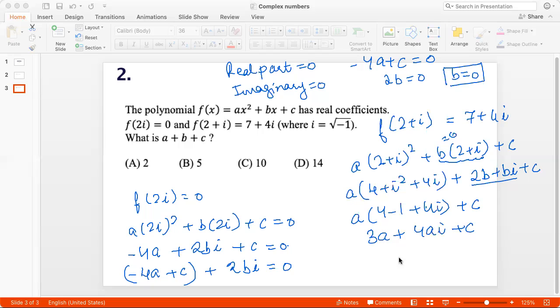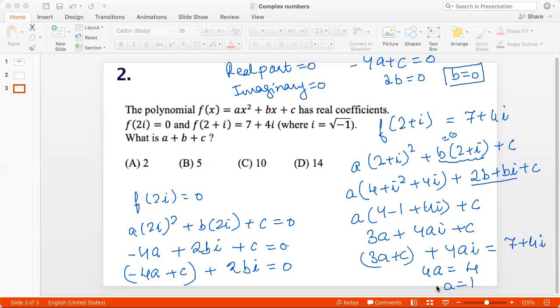And if I bring the real parts together, 3a plus c, and imaginary is 4ai. And this is given as 7 plus 4i. Now, this clearly tells me that 4a has to be equal to 4 because the imaginary part on the left is 4ai, now the right is 4i.